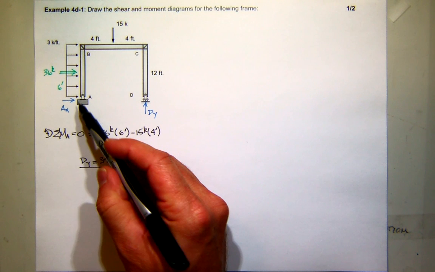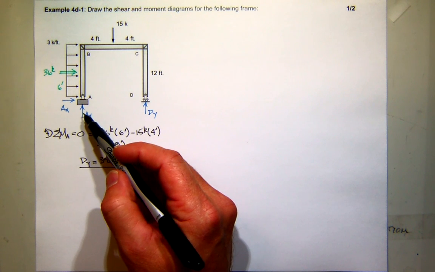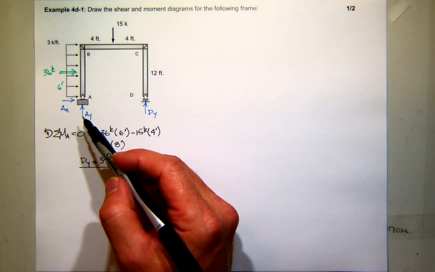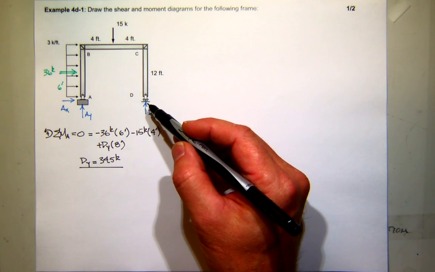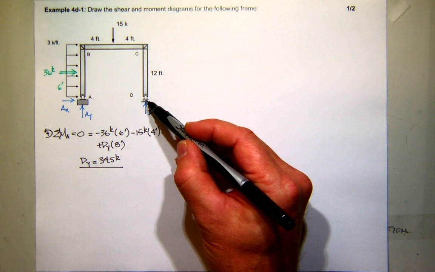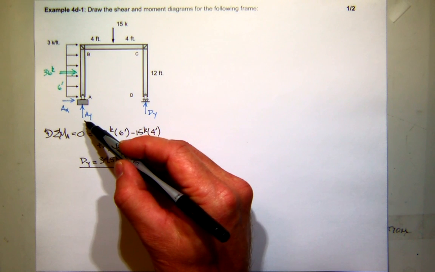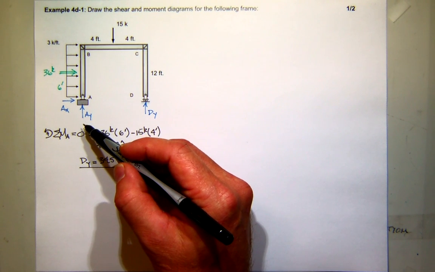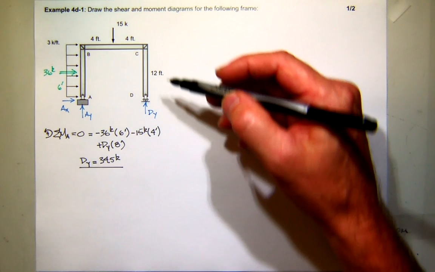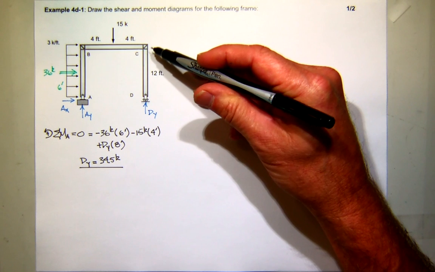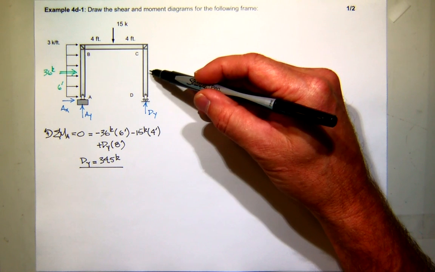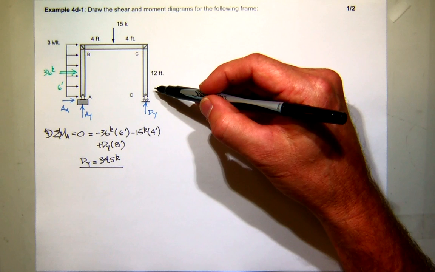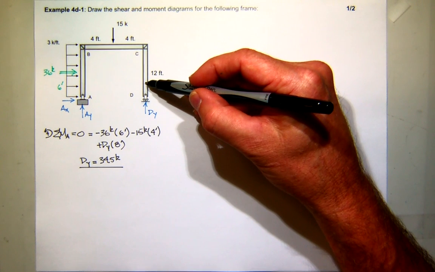I started about the pin. About the pin? Yeah. So is there a problem with starting it about the pin? In this problem, no. But some problems it would. It is problem dependent. So you could easily have summed moments about D and gotten AY. Here's an example. What if the frame wasn't 12 feet; it was 10 feet, so that this reaction was actually up here.